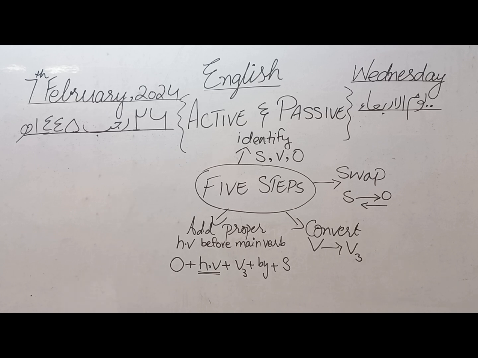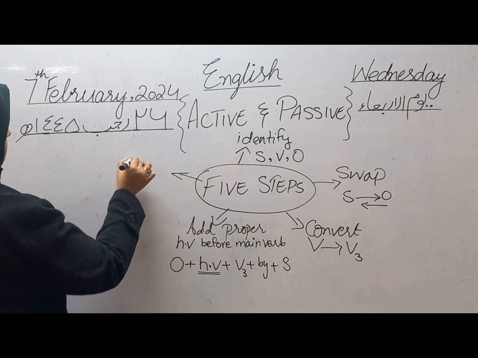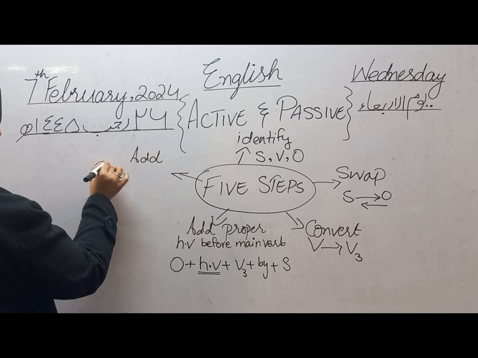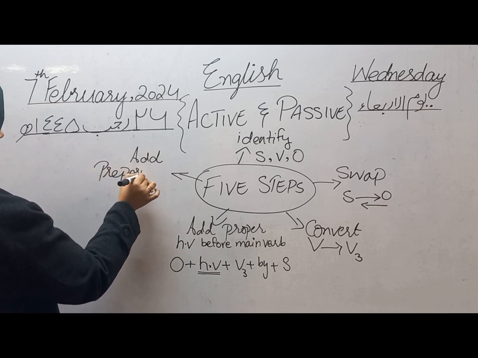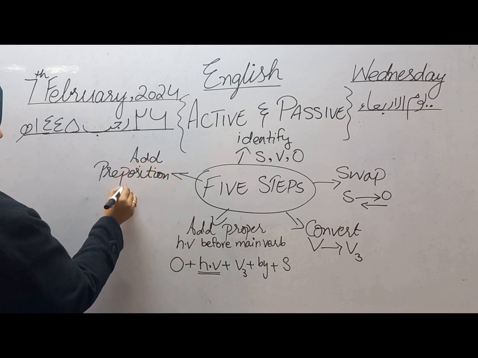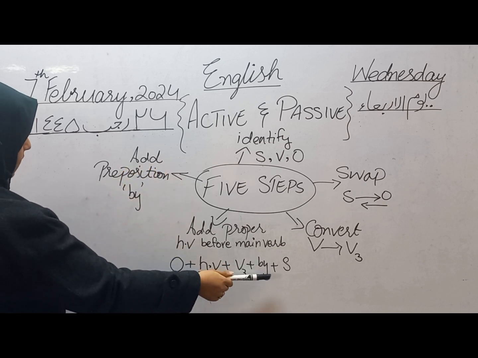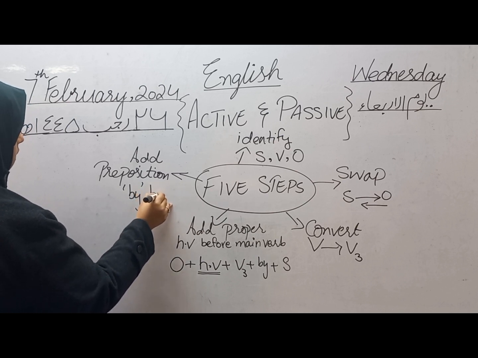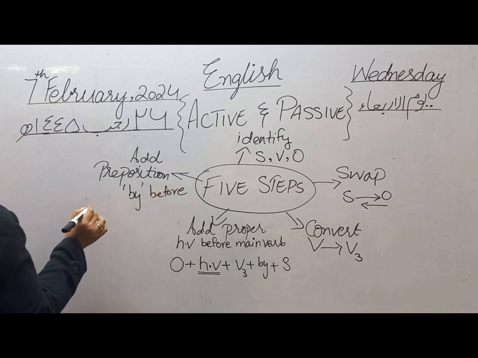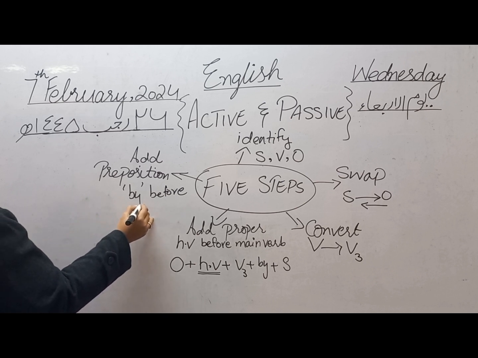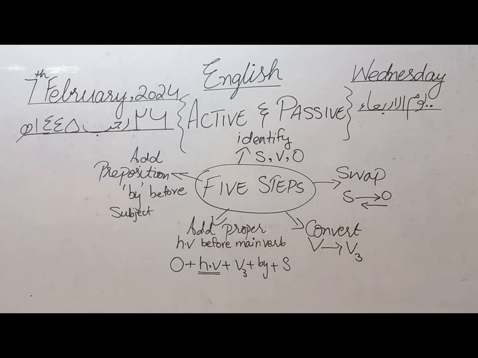And the most important and last point is, add the preposition by before the subject, as I have told you here. Once you are able to follow these 5 steps, you can easily convert active voice into passive voice. So let's revise it quickly.